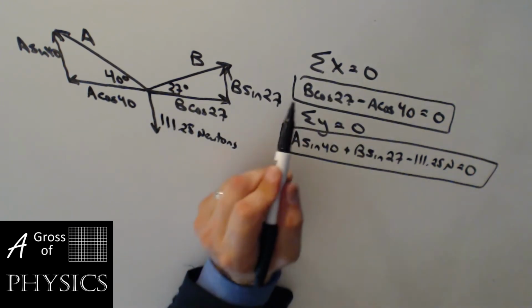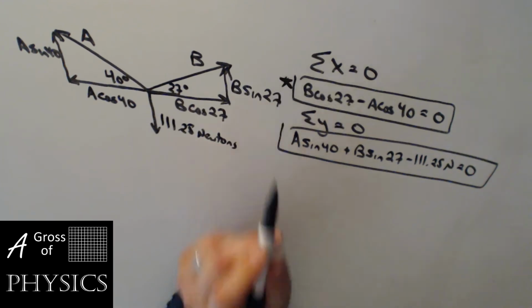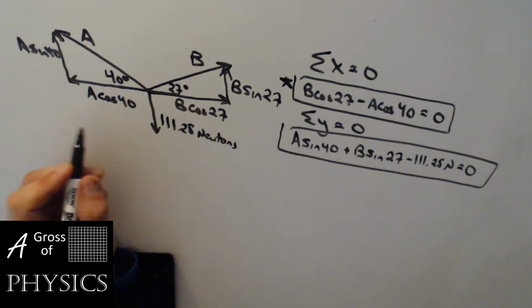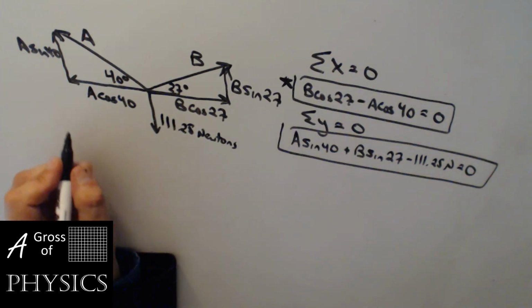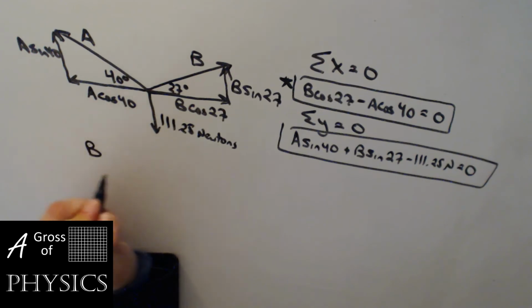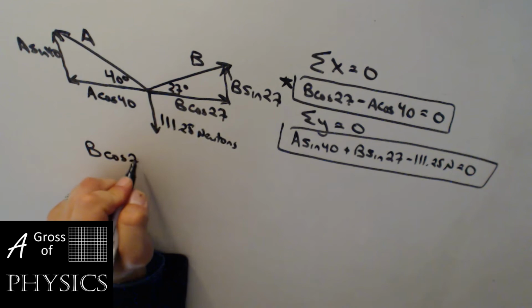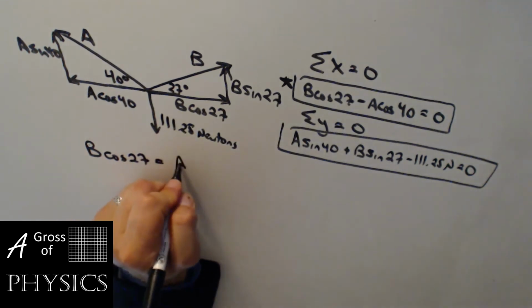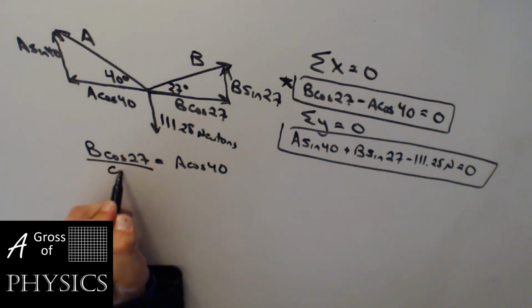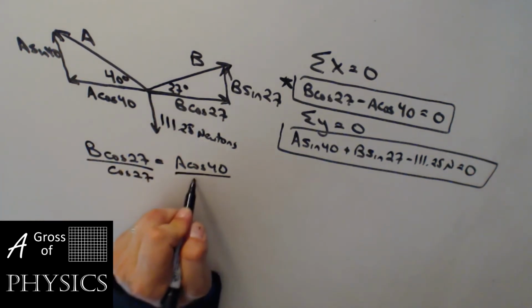Now, typically, since we have fewer terms in the x equation, we'll simplify it. And the way I think we'll do that is we'll solve for B. If I want to get B by itself, I would subtract the A cosine 40 term, and then divide both sides by cos 27.